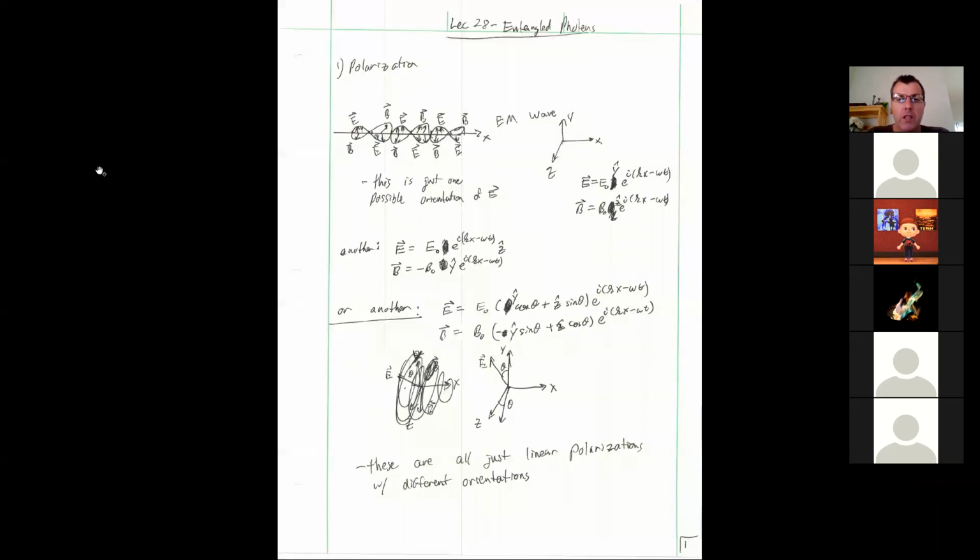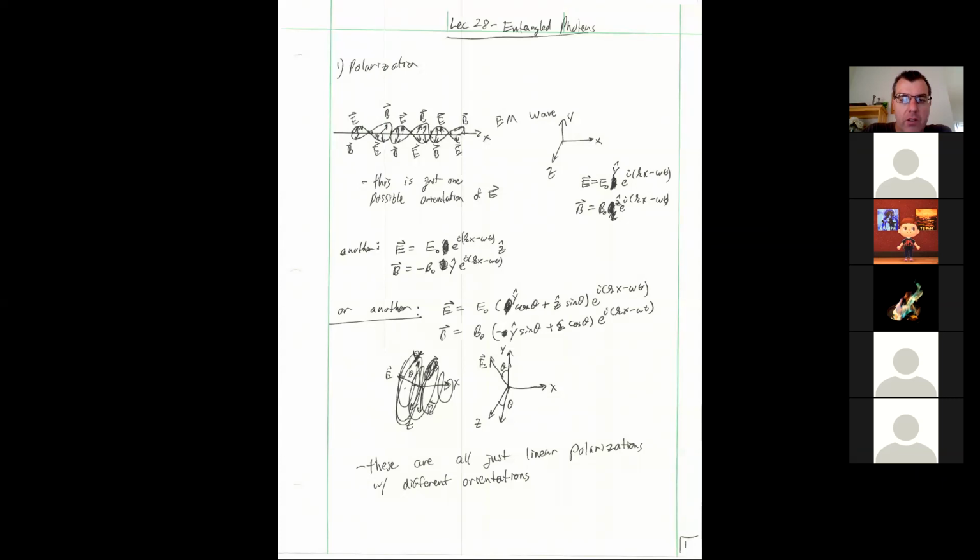All right, so when we talked about EM waves, we already talked about the fact that we have perpendicular E and B fields, and both of those are in turn perpendicular to the direction of travel. Now, the way I've written this wave out here, it's going to travel along the x-axis. The E field is polarized along the y-axis, and the B field is oriented along the z-axis.